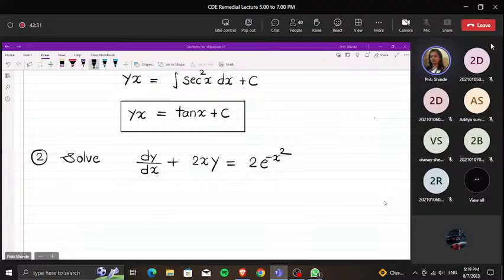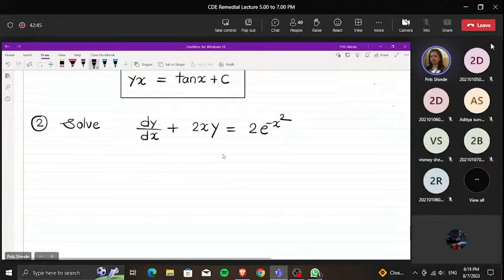Yes, Aditya? Ma'am, by linear. Yes. Already the differential equation is given in standard form. There is only one y, so this differential equation is linear in y. Okay. So try to solve by using linear differential equation in y. Write down values of p and q.